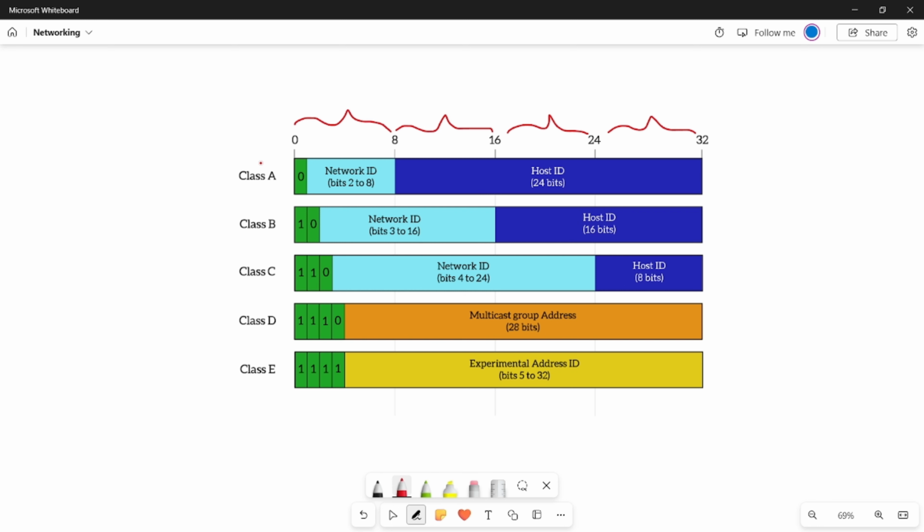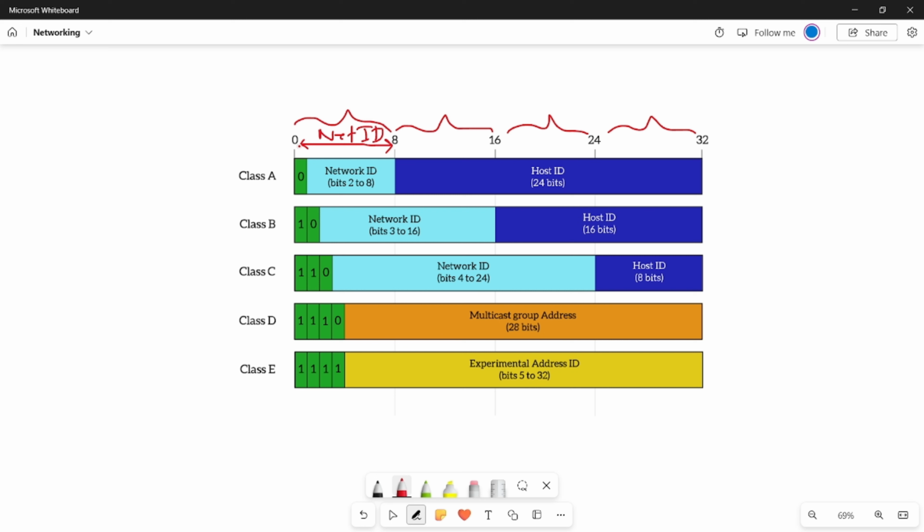If we consider this block, we only use this block for the network ID. We call it the net ID for our networking purposes. So in class A IP addresses, bits in position 8 to 32 we can use for our host IP addresses. So basically we can find our class A IP addresses.